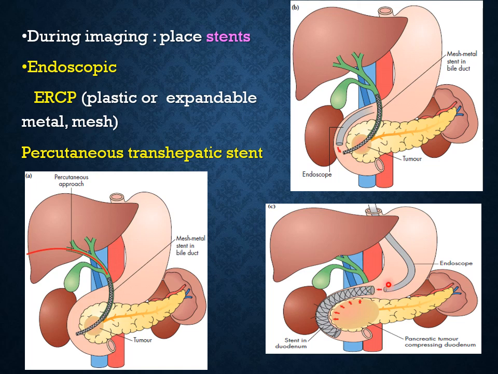Or you can use an endoscope to pass a stent to stent the duodenum for duodenal obstruction by the tumor. Okay, the stents nowadays can be very expandable, metal or mesh, and can last for a long time without getting blocked.